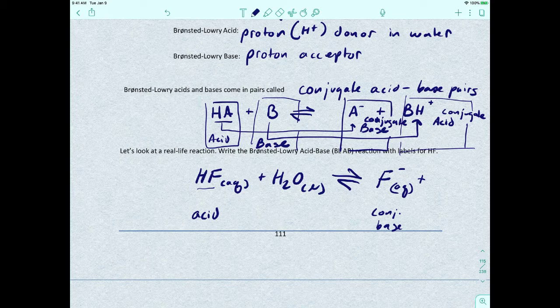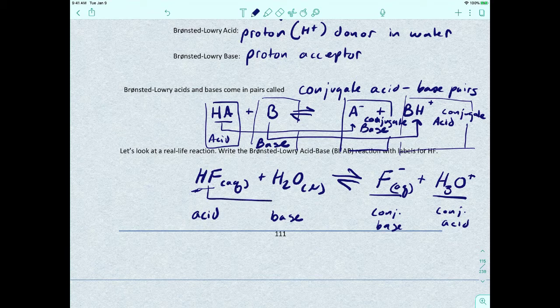of HF. Now, what happened to that hydrogen that HF spun off? Well, that was what the water picked up. So water, in this case, acted as a base, picked up that hydrogen, and you formed H3O plus. So this is your conjugate acid.